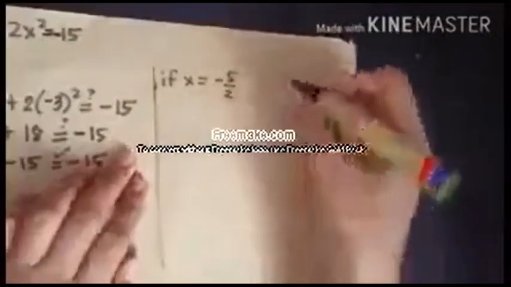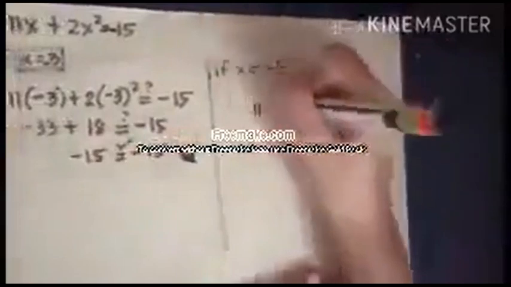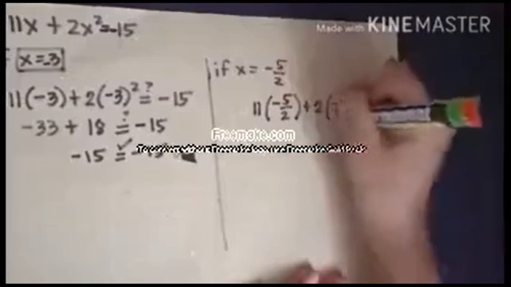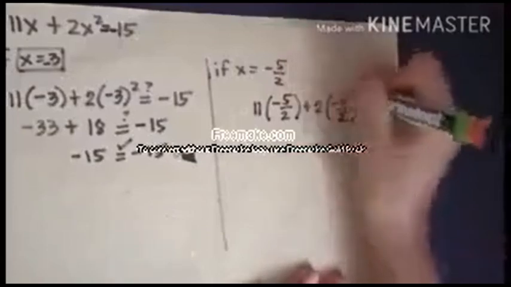Okay? Next, if x is equal to negative 5 over 2. So we have 11 times negative 5 over 2 plus 2 times negative 5 over 2 squared.